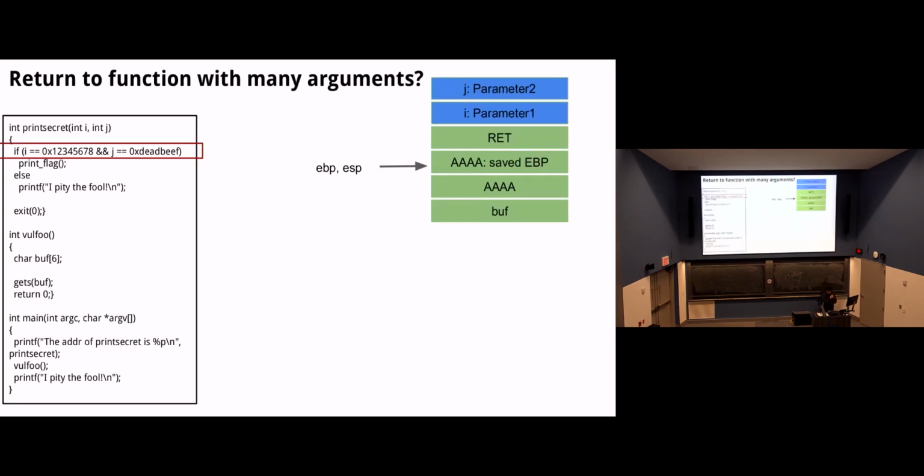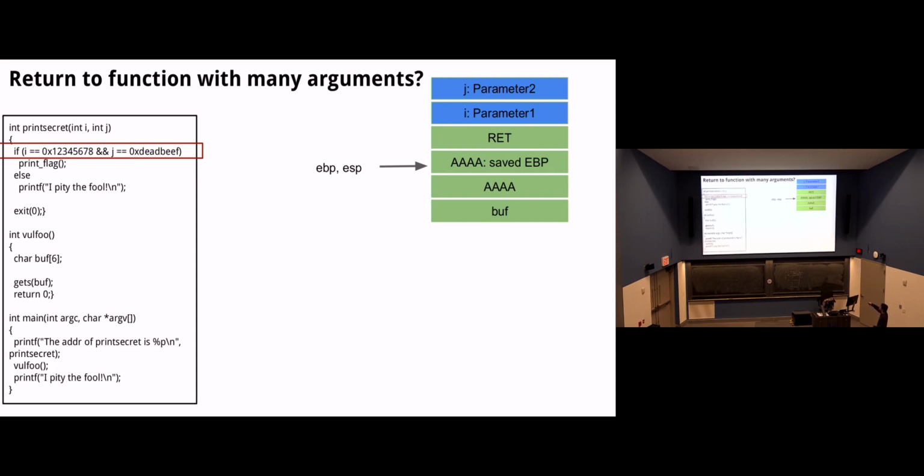Okay, so we saw an example with one parameter. Then obviously we can extend this to multiple parameters. So we slightly change this print secret. It has two parameters now, i and j, and we compare both of them.